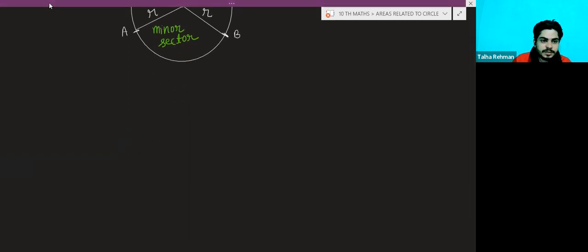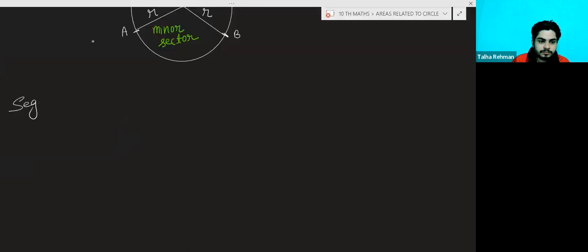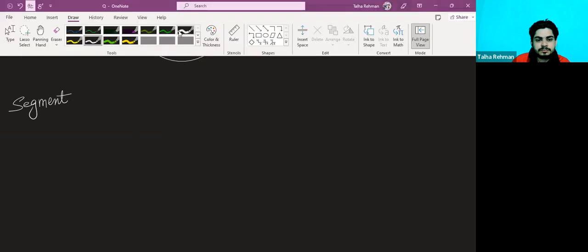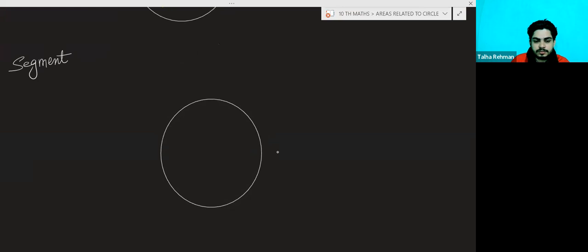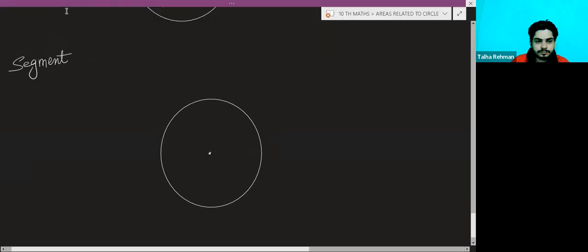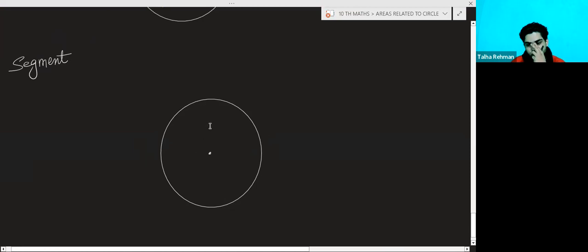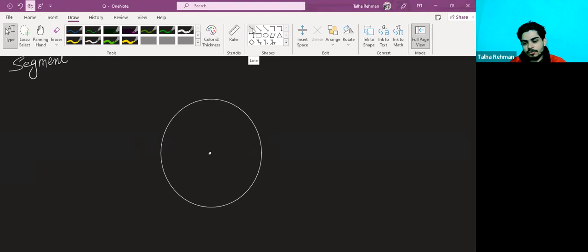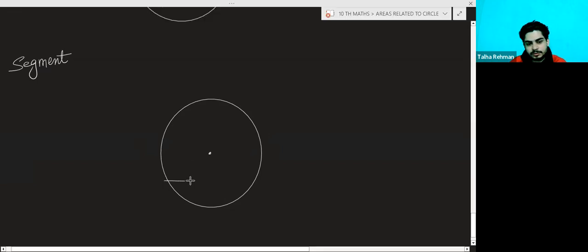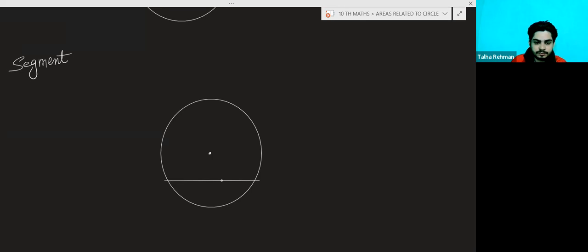Now we will see what is a segment of a circle. This is a circle and the center of the circle. If you draw a line passing through any 2 points on the boundary of the circle, this line is known as the chord.